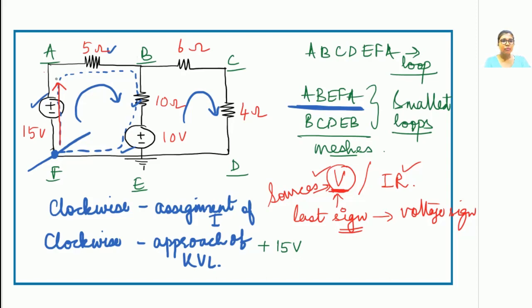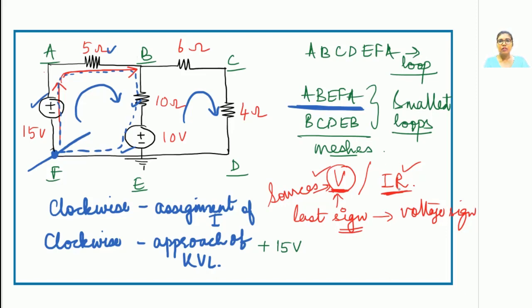Now let us move forward. I'll go from A to B. We only had 1 element there, so we are done. Now secondly, for the branch A to B, we are moving from left to right. What is the element that you are coming across? This is not a voltage source, rather it is a resistor.